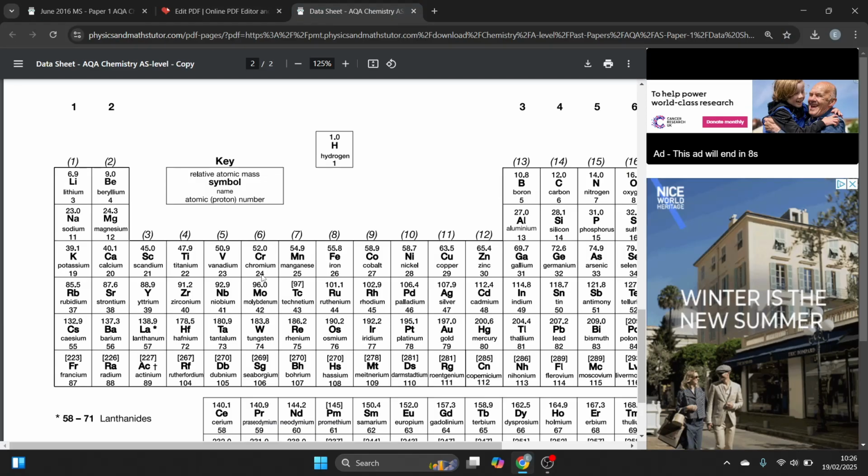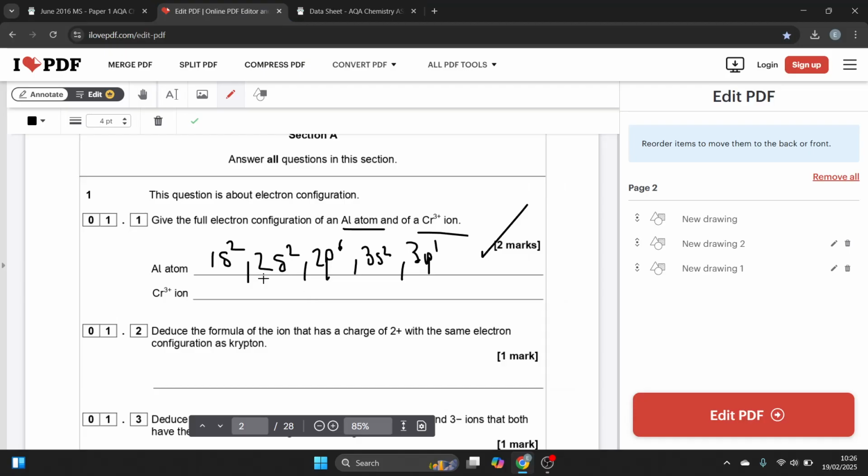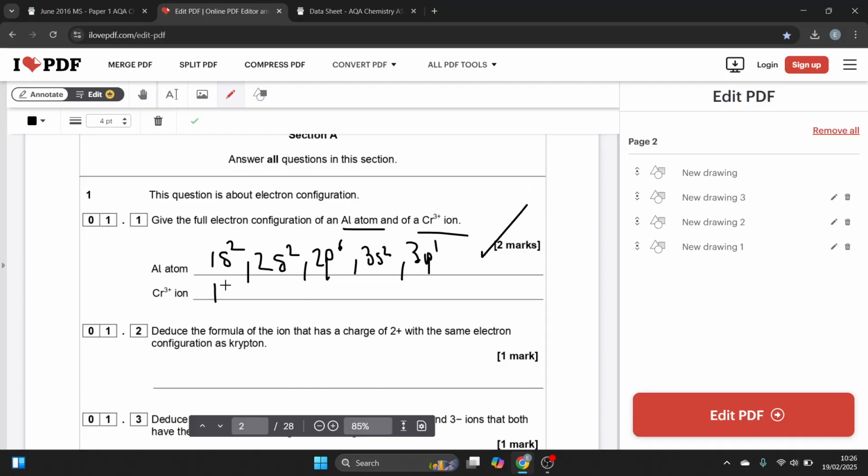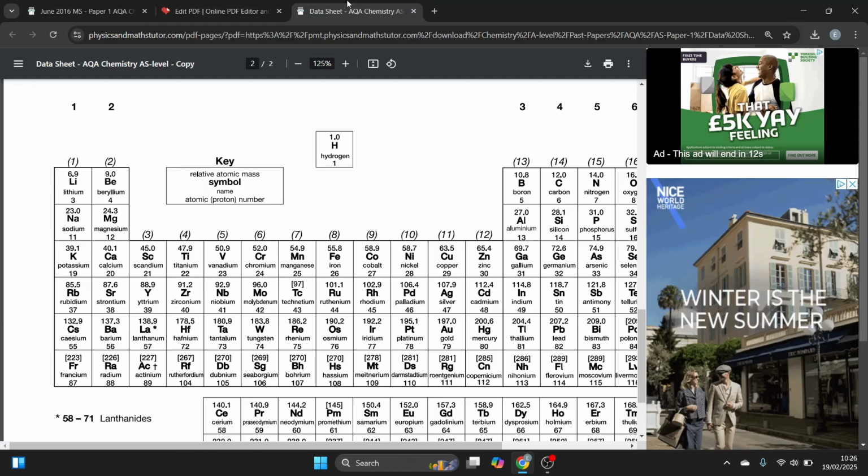So it's 24 electrons originally, but then minus 3, so it's 21 electrons. So it's 1s2. Twenty-one electrons, right?